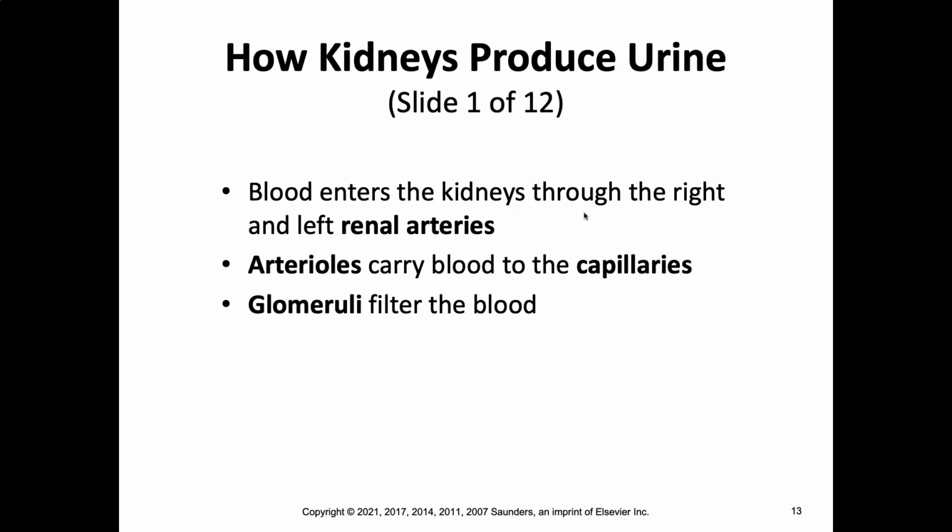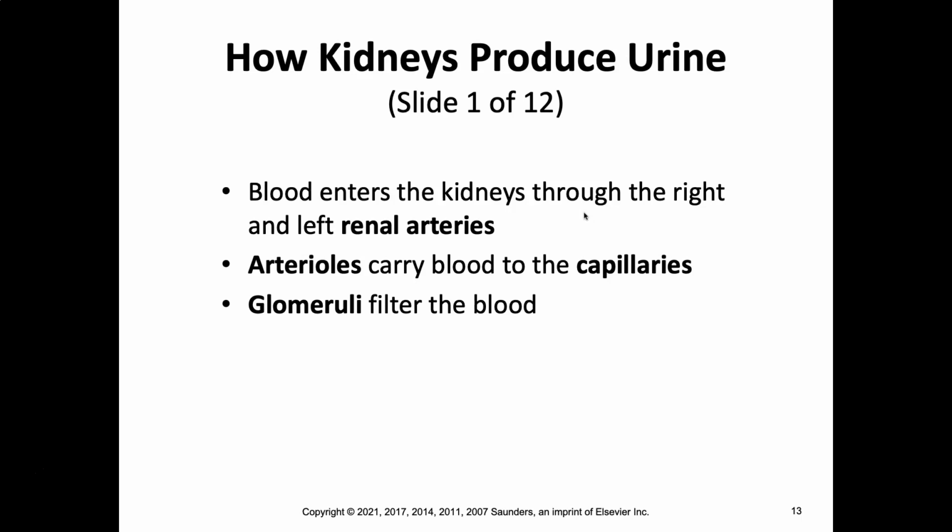Arteries then become arterioles. Arterioles are like mini arteries. They carry blood to the capillaries. And at the capillary level, there's an exchange. And the blood is filtered at that point through glomeruli.